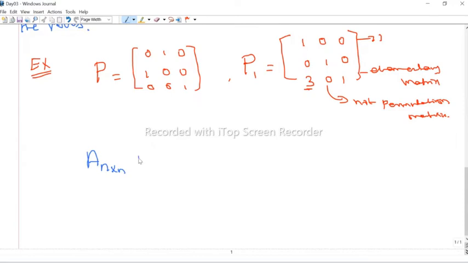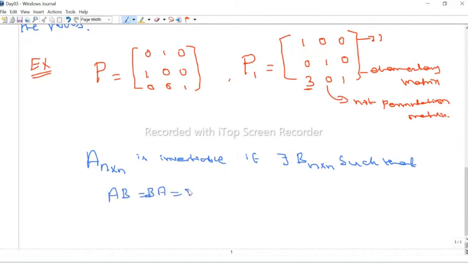It is invertible if we can find another n by n matrix B such that the products AB and BA are both the identity matrix. AB equals BA equals identity, then we say B is the inverse of A. This is the first definition: an n by n matrix A is invertible if we can find another n by n matrix B such that AB equals BA equals identity.